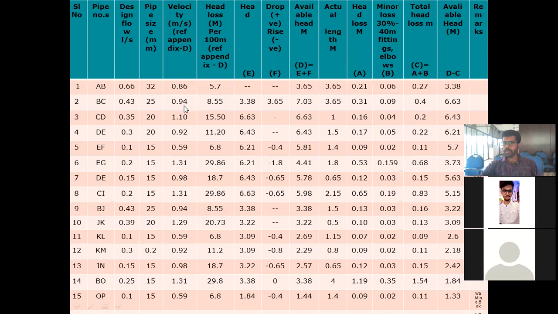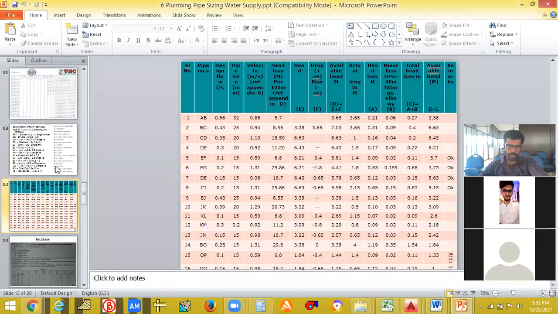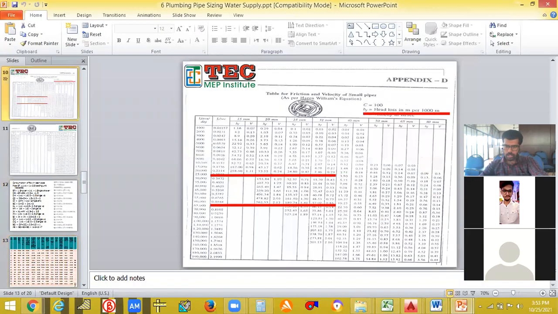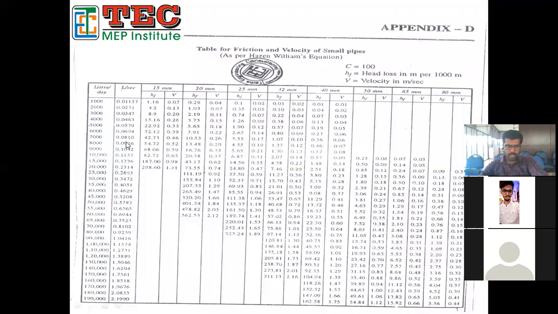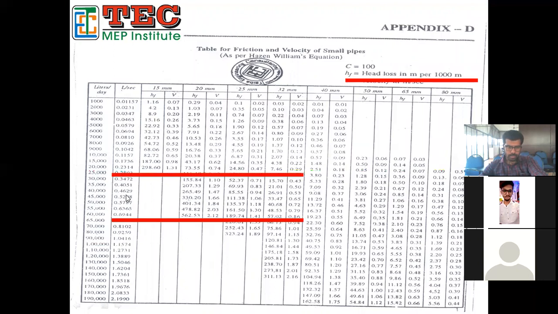You can get it from the formula as well as from the Hazen-Williamson table, 0.43 and 25. Velocity is 0.94 and HF is 85.55.